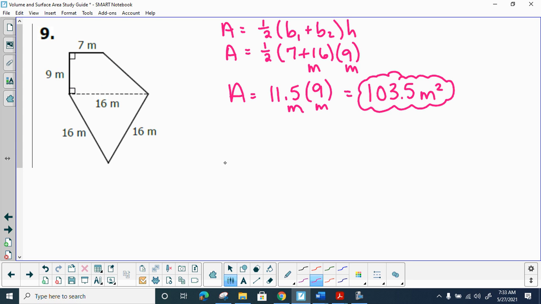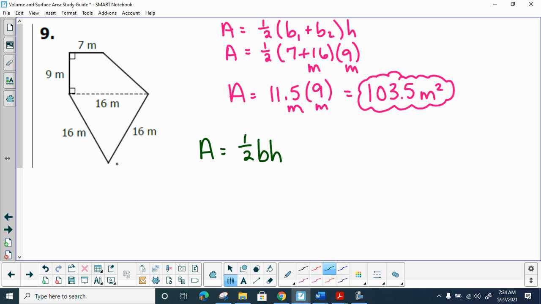Now for a triangle, let me switch colors here. Triangle, we need base and height. And the base and height of this triangle must be perpendicular. Well, right now I have an equilateral triangle. I don't have a height that's perpendicular to any of those sides.